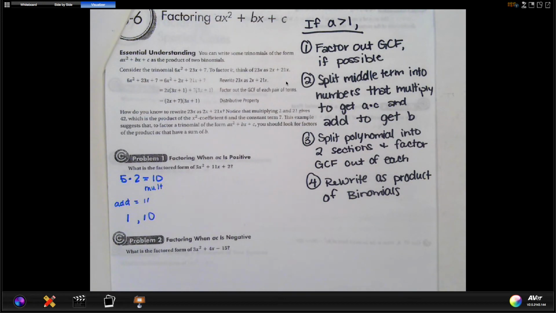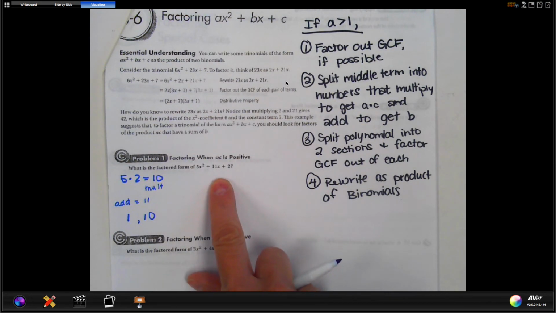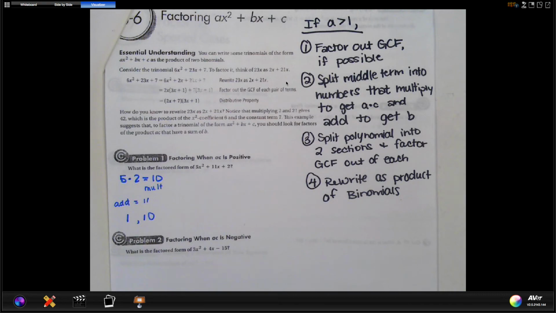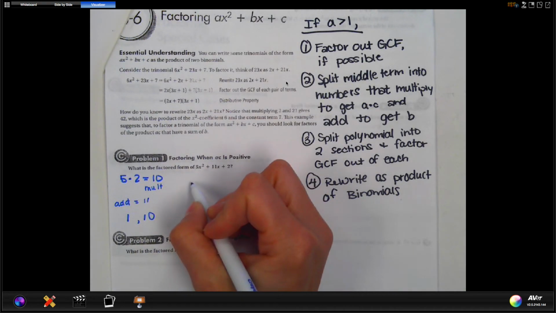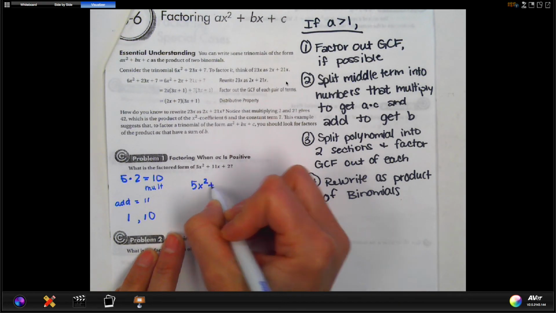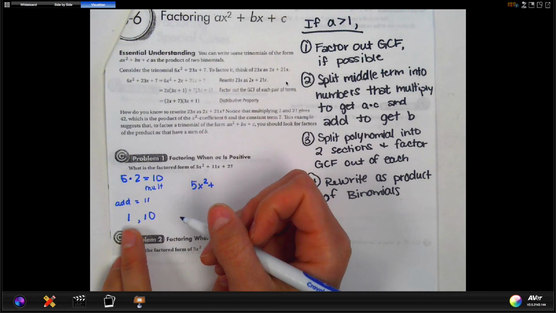Now, we identify them, and what we're going to end up doing is we're going to split this polynomial up now. We're going to make this middle term into these 2. So we're actually going to make it from a trinomial to a 4-term polynomial, okay? So we're going to make it say 5x squared plus, and you can do 1 or 10 here.